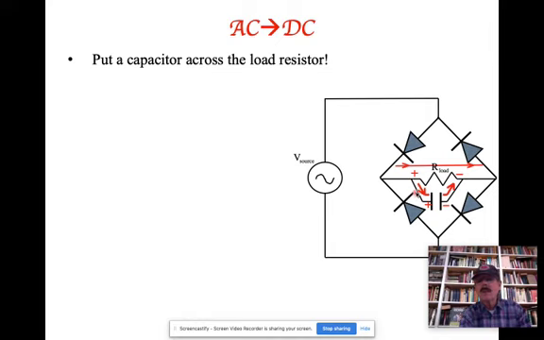If you put a capacitor across here, what happens is that as the current is building up, the capacitor is charging itself up. And the current starts to drop. What will happen is that the capacitor will start to discharge through the resistor. And as it does, it will keep the current through the resistor up high.